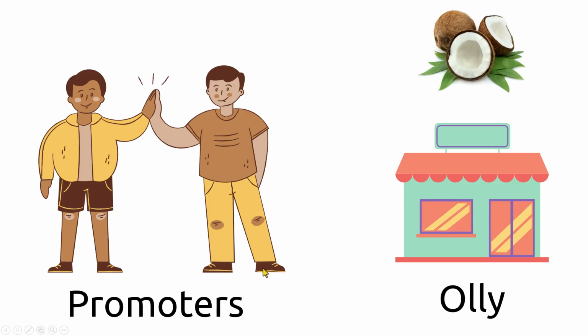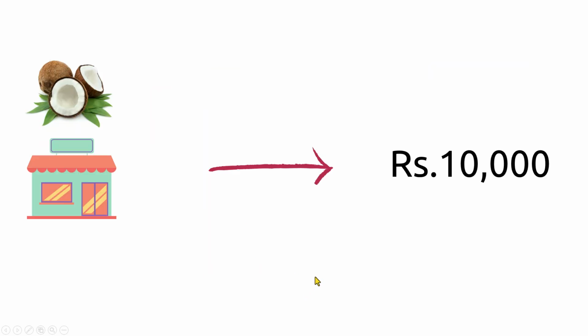We have two friends who want to start a company or an industry or a factory which manufactures coconut oil. The people who start the company are called promoters. Now these promoters have calculated that they need 10,000 rupees to start the company.